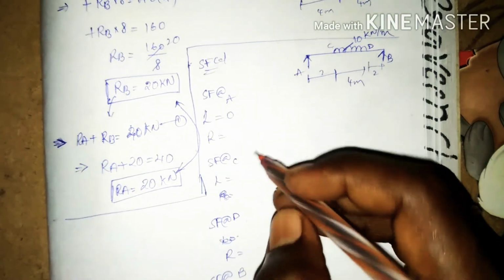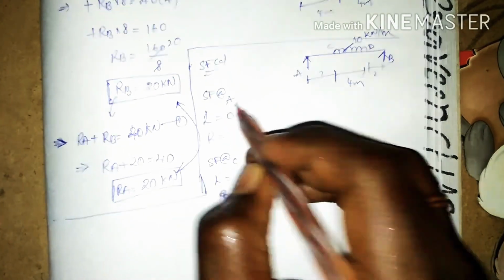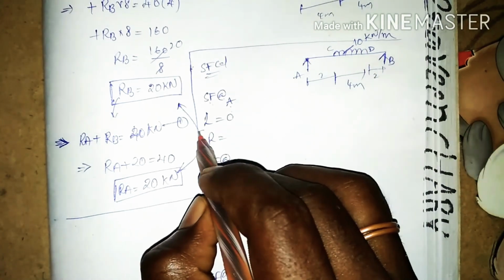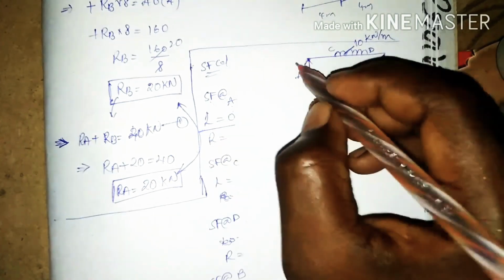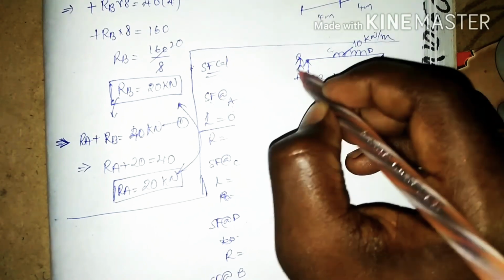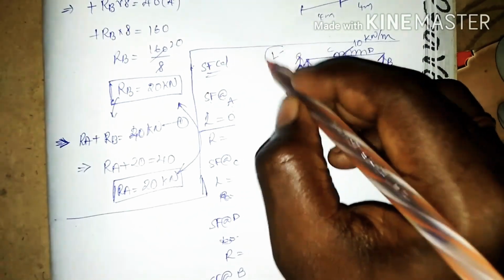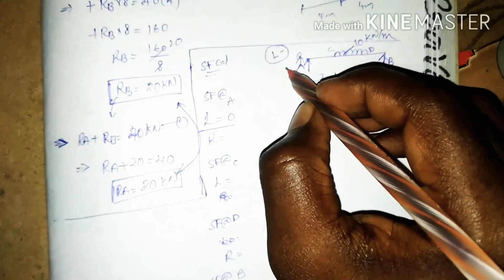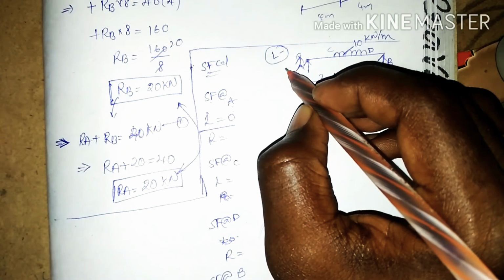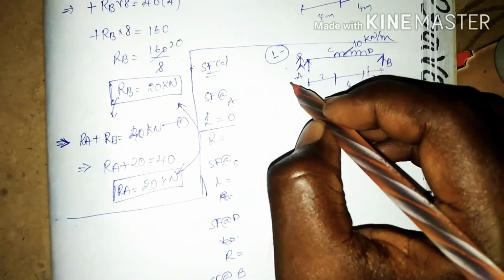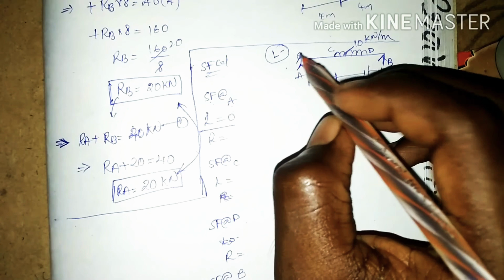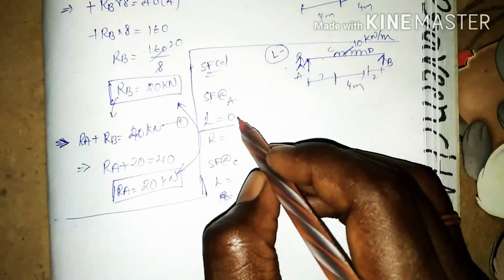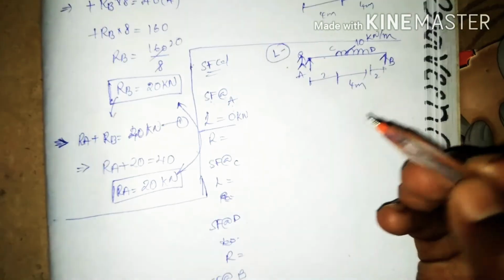Shear force at A, to the left of A: I am standing just left of A and looking to the left side of the beam. I don't find any reactions, supports or forces acting on the beam, so I consider it as 0 kilonewtons.